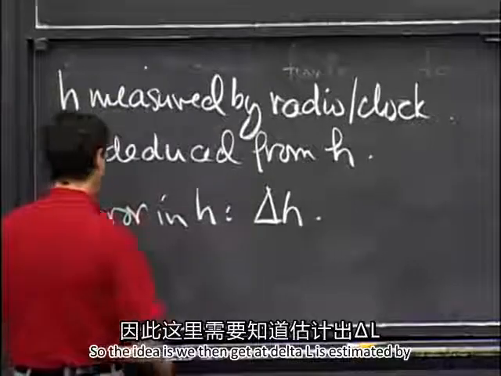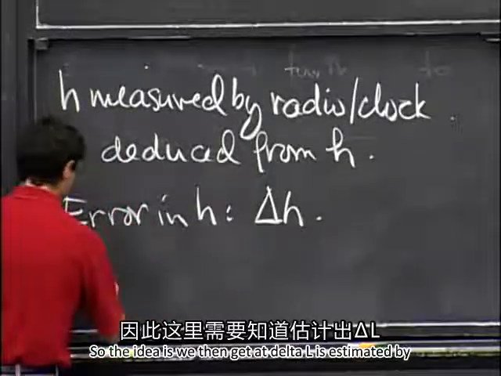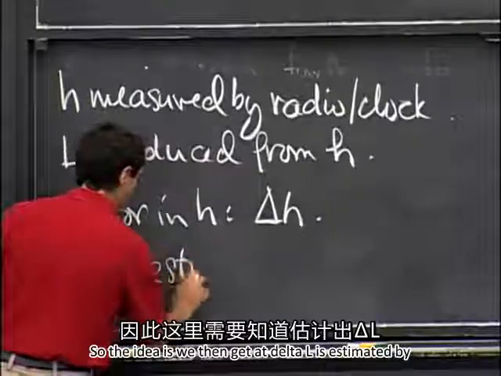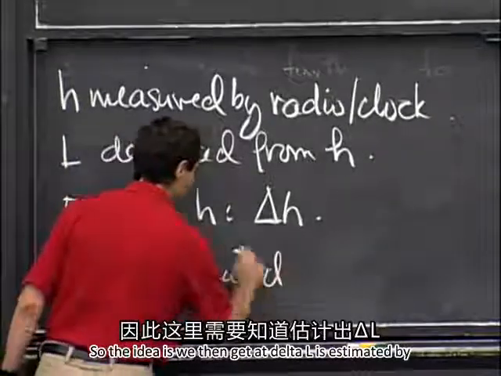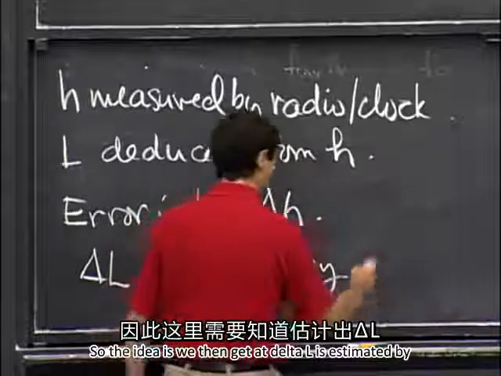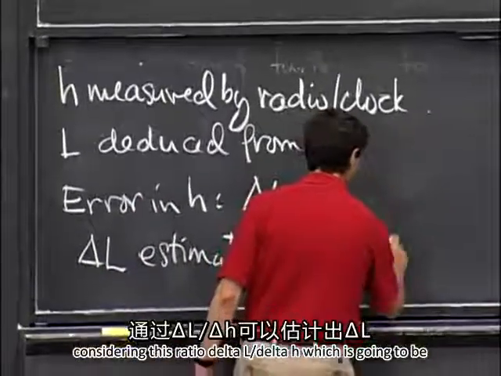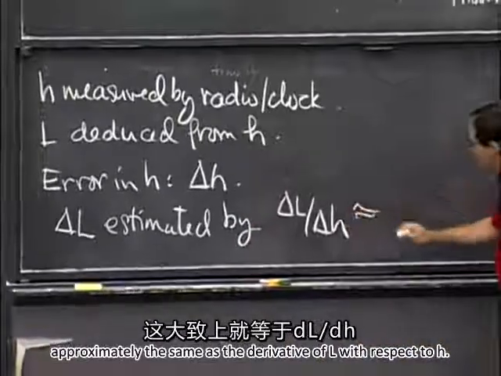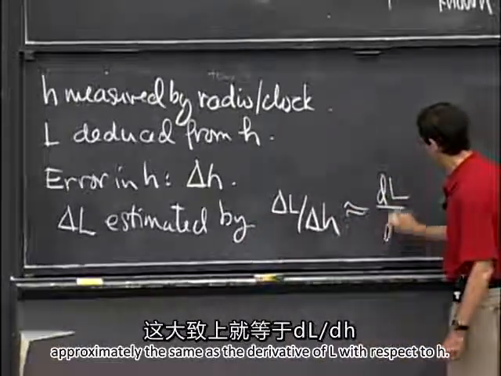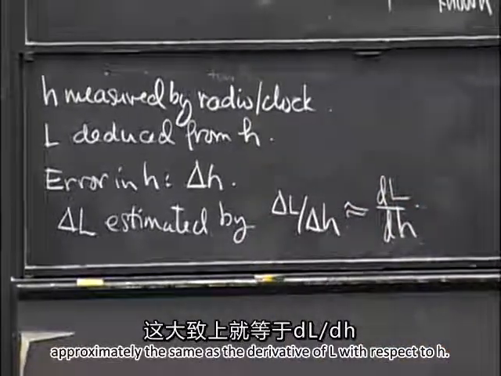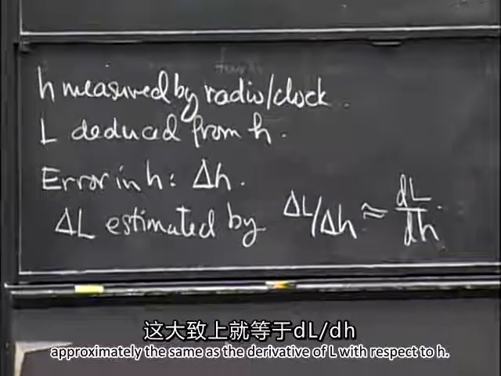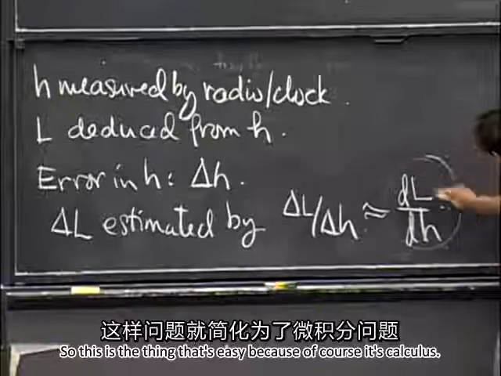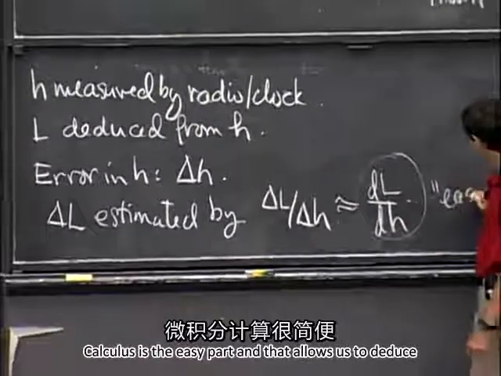So the idea is we then get that delta L is estimated by considering this ratio, delta L over delta H, which is going to be approximately the same as the derivative of L with respect to H. So this is the thing that's easy because, of course, it's calculus, right?